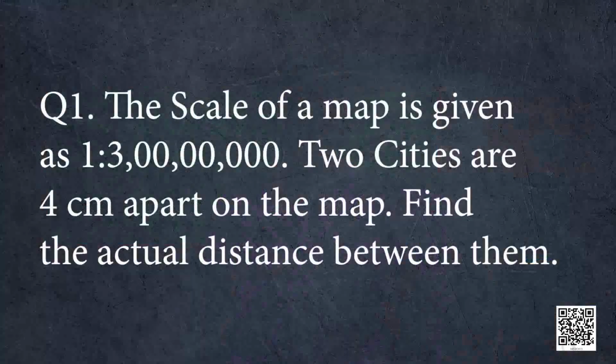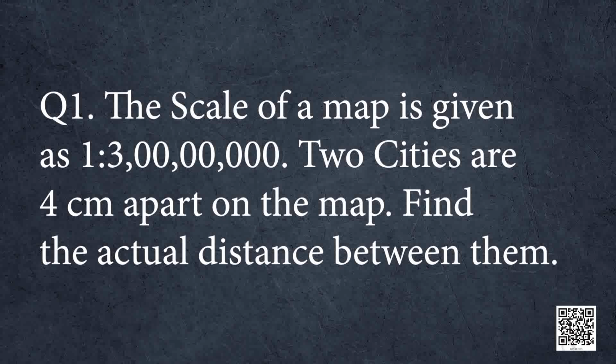Now, try to solve these problems on your own. Question number 1. The scale of a map is given as 1:3 crore. Two cities are 4 centimeters apart on the map.